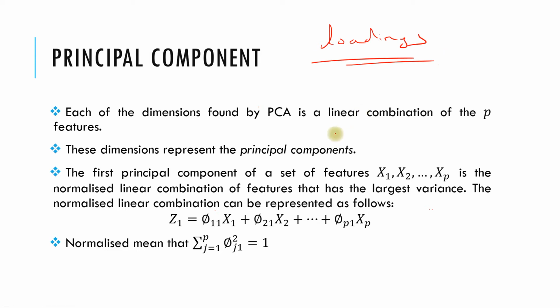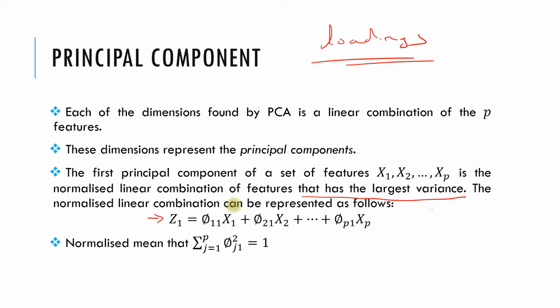How do we get these loadings in such a way that when we want to increase the variance here, we don't arbitrarily increase these? There is a problem because when we say we want a linear combination of features that has the largest variance, you might be tempted to arbitrarily inflate these values. And if we arbitrarily inflate these values, obviously the variance of Z1 will also be inflated. This is why we have to be careful.